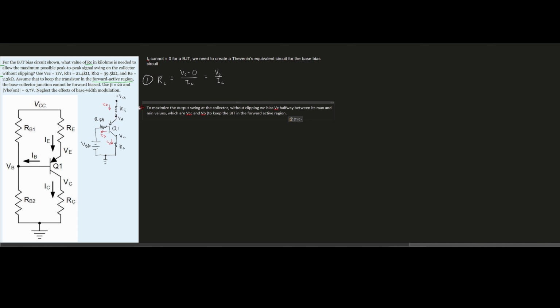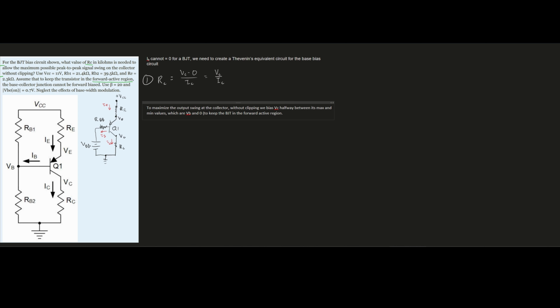Now, I've copied this over from a previous problem. It's to maximize the output swing of the collector without clipping. We bias our VC, which is what we want here, halfway between its max and min values. So here, though, we're going to be changing this. The max value would be the VB going into our VC, and our minimum value would just be 0 volts.